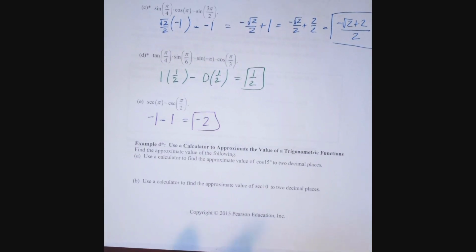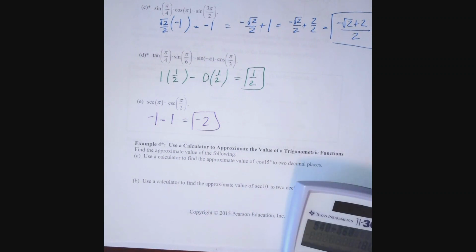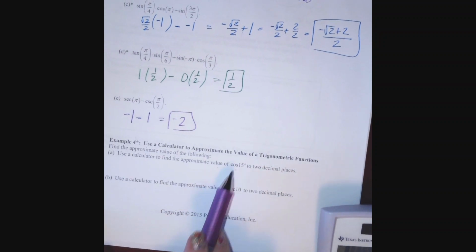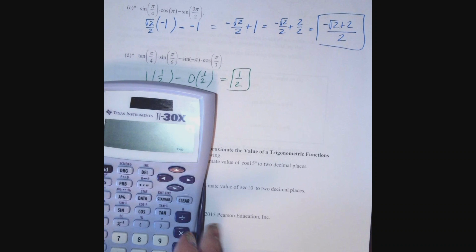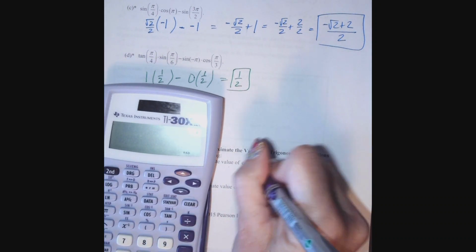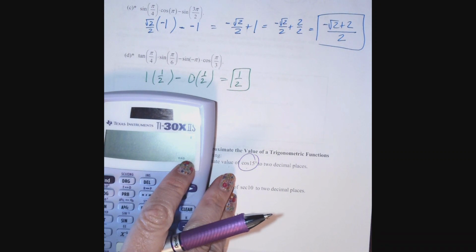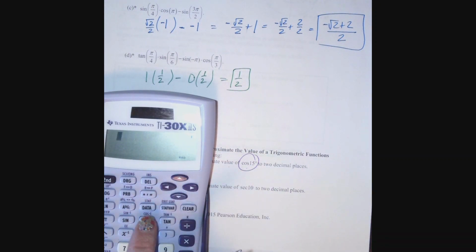Next example, use your calculator. Use your calculator to find an approximation of the value of cosine of 15 degrees to 2 decimal places. Well, I'm just going to plug this in, but I've got to be sure I'm in the correct mode. I'm in radian mode right now. If I do cosine of 15 right now, I get one answer.